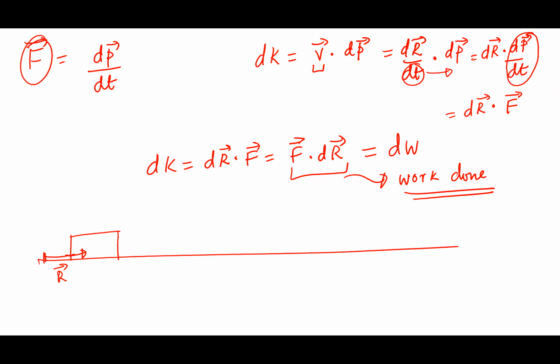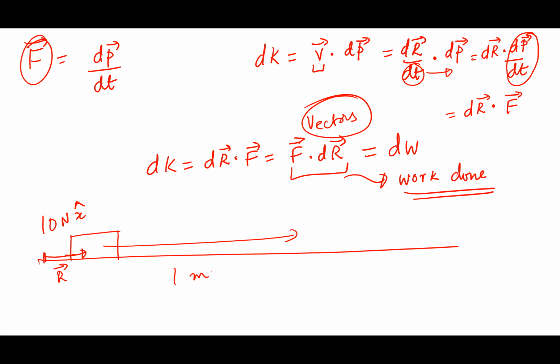So now we define this work done as F dotted with dr. Now notice that this F and dr are vectors. It's very, very important to note that these are vectors, and always make sure that you know how to handle these vectors. So for example, let's say I apply some force, 10 newtons along x hat, and this object moves by a meter.